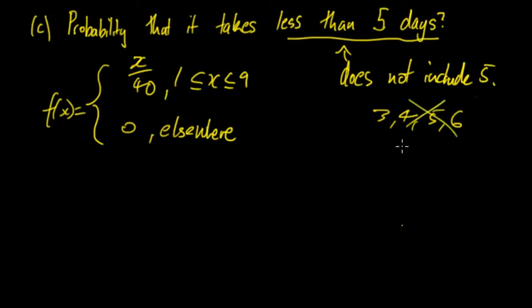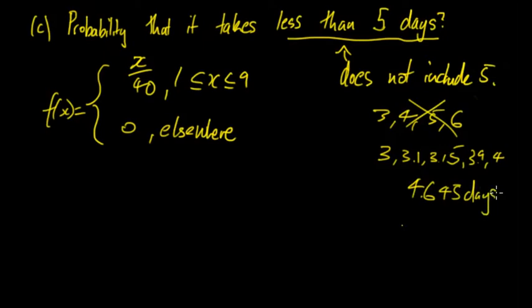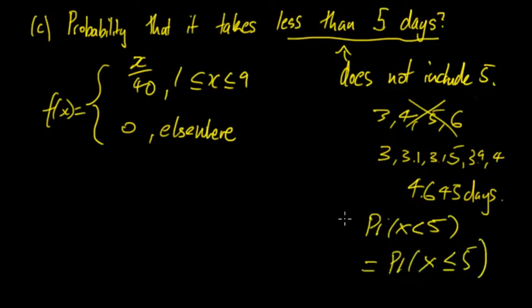Rather, with continuous, you have 3, 3.1, 3.15, 3.9, 4, etc. Obviously there's more than that, but I'm just trying to show you can't say that because it doesn't include 5, you then have to start at 4, because there are numbers between 4 and 5, such as 4.645 days, for example. So if it does not include 5, you have to find the probability of x being less than 5. But we also remember that with continuous, this is just equal to the probability of x less than or equal to 5, because these are equal.